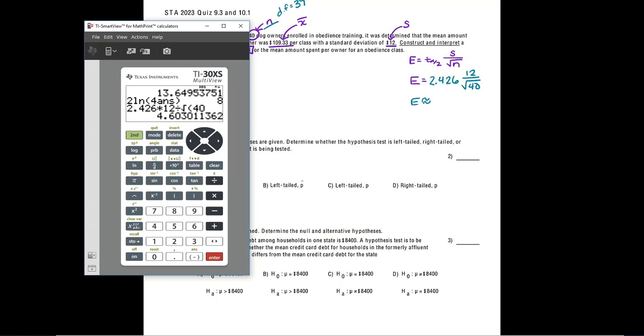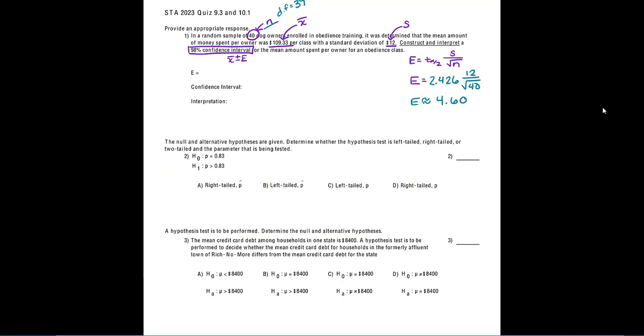Rounding to 2 decimal places, like it says on your quiz, was 4.60. So my E is 4.60. My confidence interval is then x bar plus or minus my E.